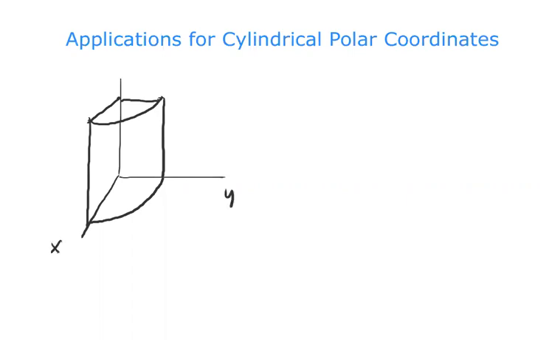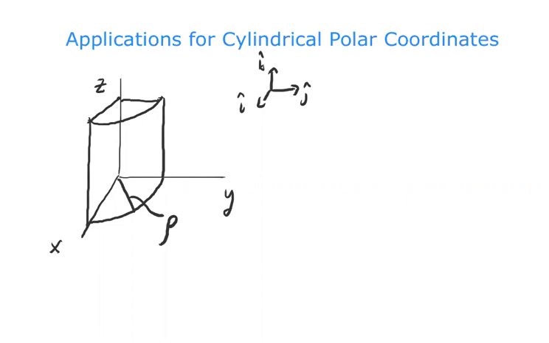There's the x-axis, the y-axis, and the z-axis. Again, let me put in my unit vectors, employing the right-hand rule. A vector from here to this point is clearly rho.